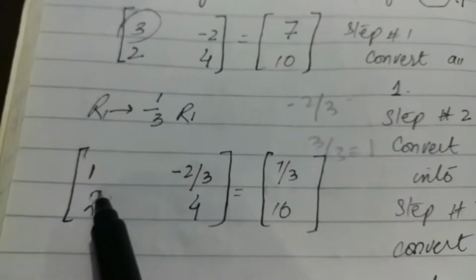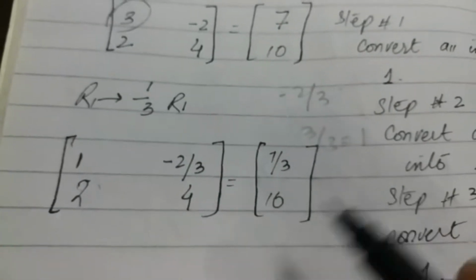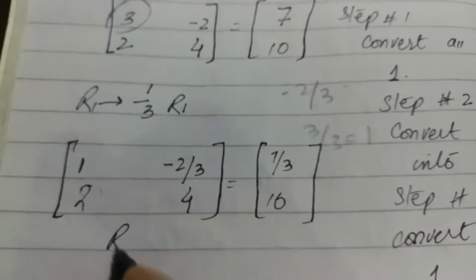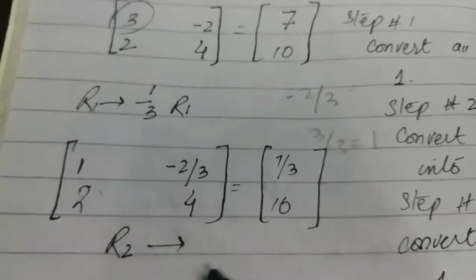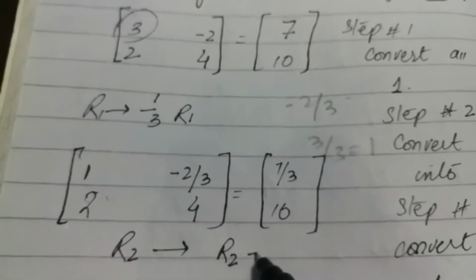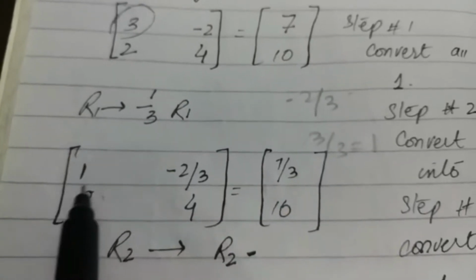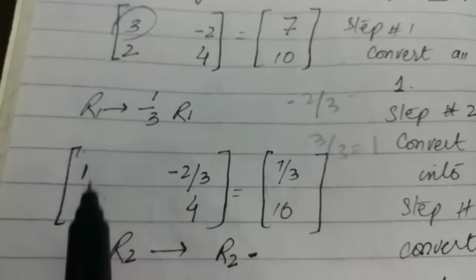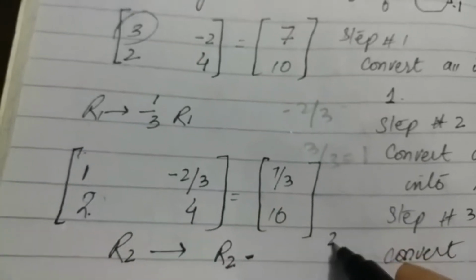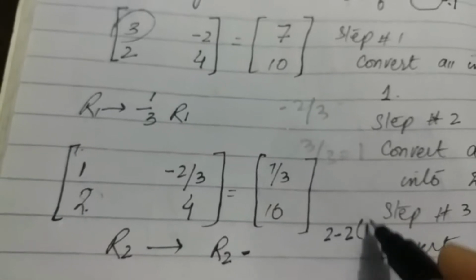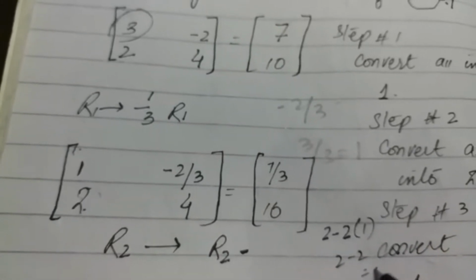Okay students, now we need to convert this into 0. How do we convert it into 0? We need to change R2. R2 minus 2 times R1: 2 minus 2 multiplied by 1, and 2 minus 2 equals 0.